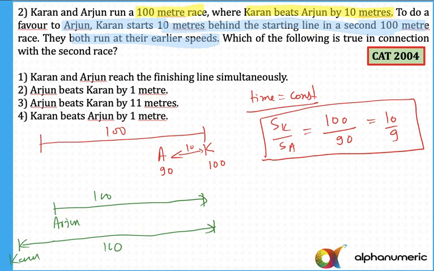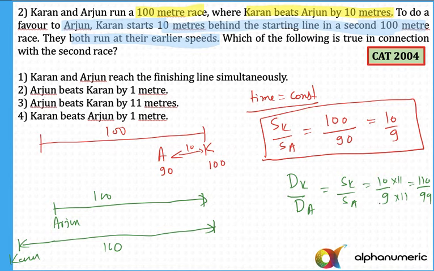Okay, so in the same time, the distance traveled by Karan to the distance traveled by Arjun will always be in the ratio of speed of Karan to speed of Arjun, that is 10:9. And if I multiply the numerator and denominator both by 11, what did I get here? 110 upon 99.